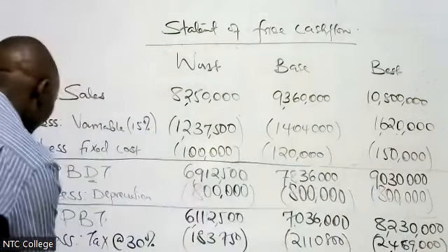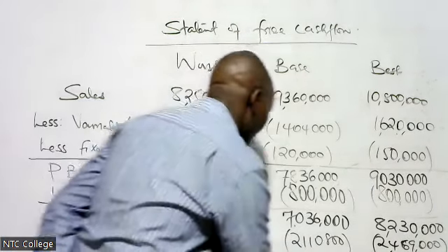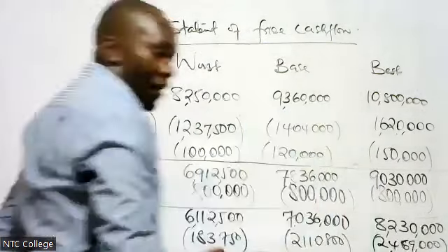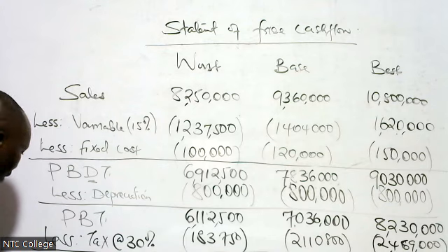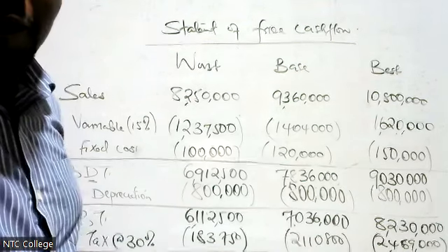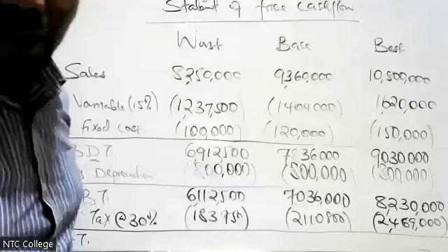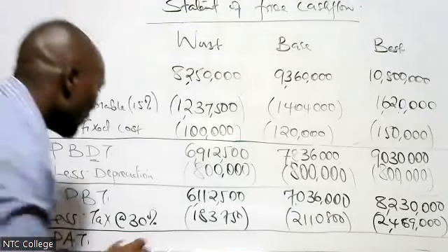Okay, so let's now add and have our profit after tax, PAT. What is your profit after tax? The first year, you're getting 42,78,750.